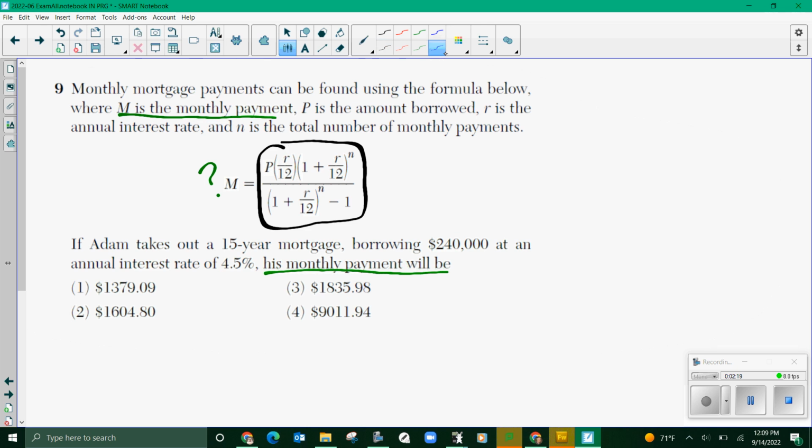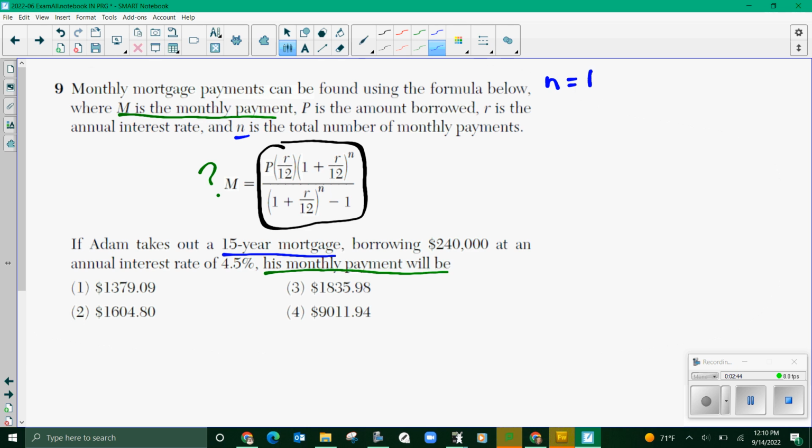Blue. First thing is 15-year mortgage. Okay, that's going to go for my number of payments. That's going to be my N. However, be careful, please. N does not equal 15. N is the number of payments. Your payments are monthly. You pay them once a month. So how many months are in 15 years?